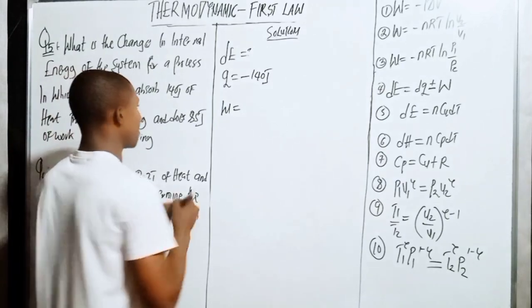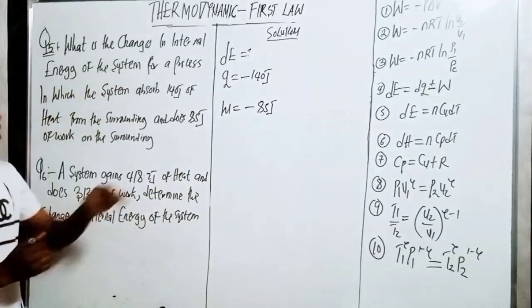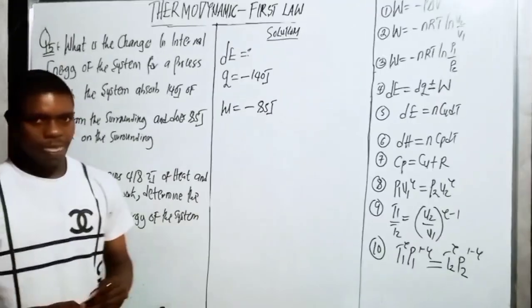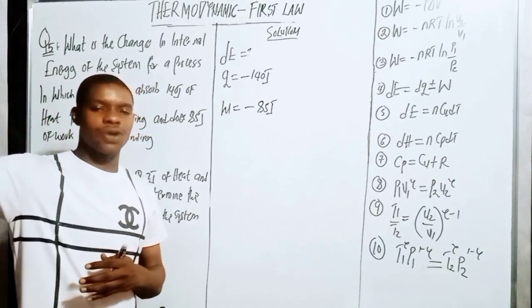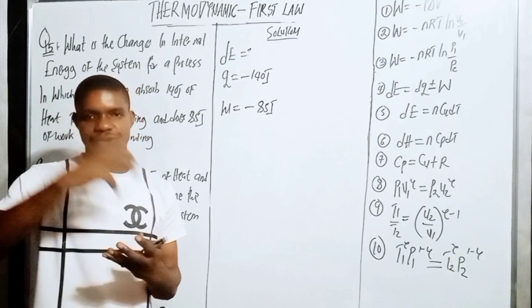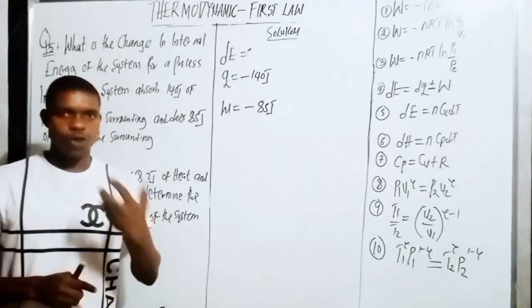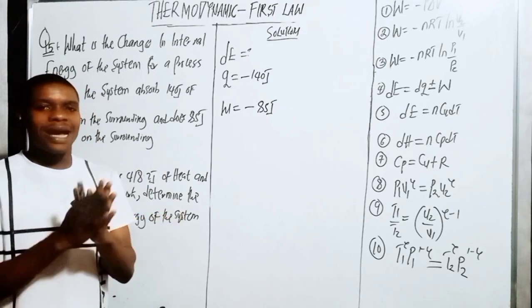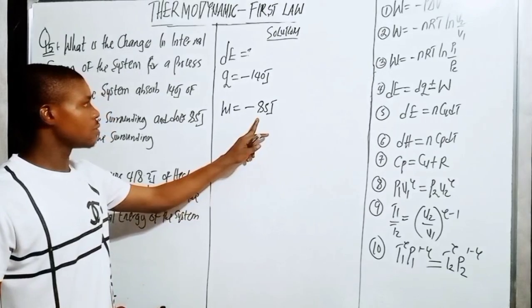So it's going to be minus 85 joules. Please understand this, because this normally confuses students in the exam. Expansion: work is done by the system on the surrounding. Compression: work is done on the system by the surrounding. So the system is the one doing the work. Because the system is doing the work, it's called expansion, and whenever it is expansion, then work is negative. You get?